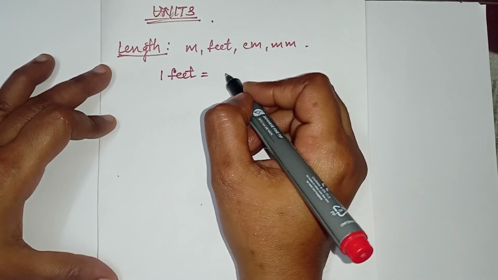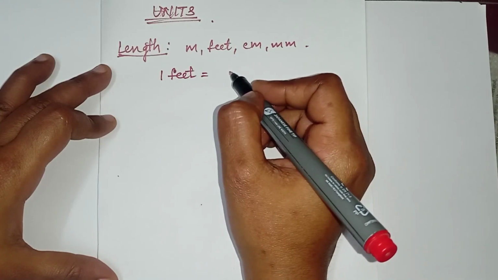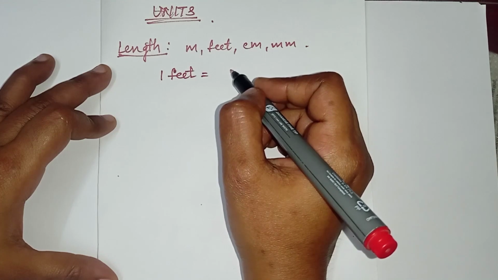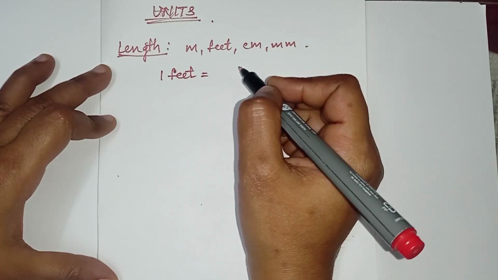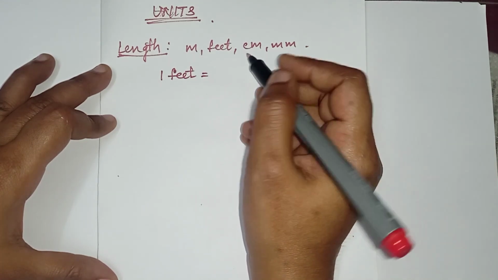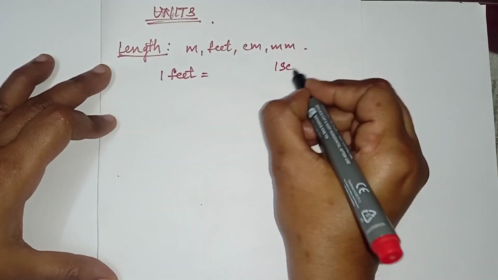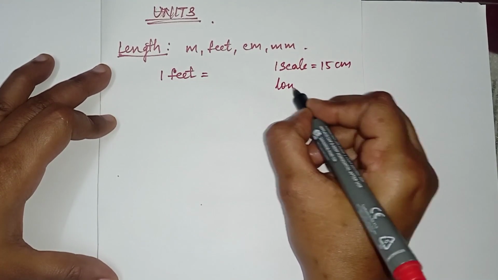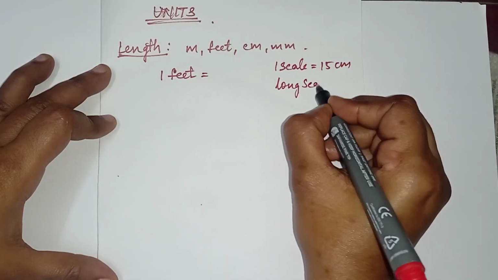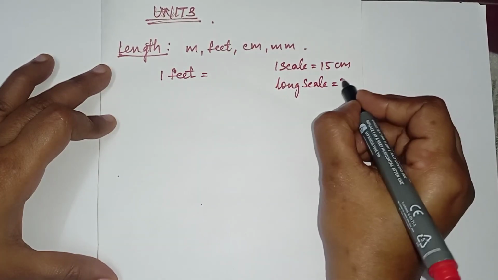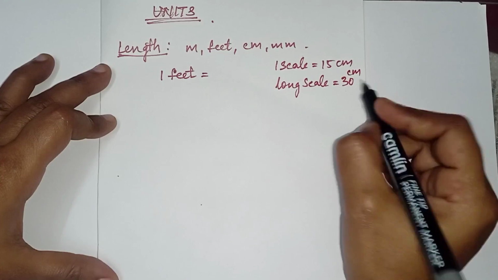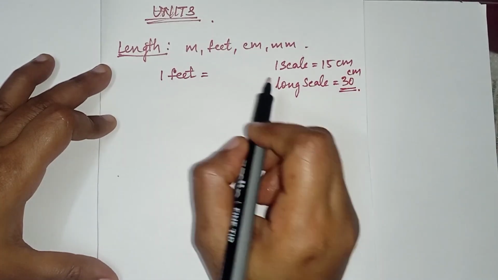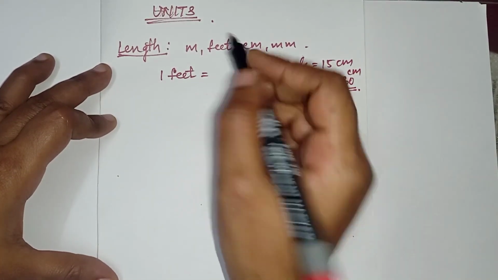You must have used scales in your school days. So there is one small scale and one long scale. Small scale is of 15 centimeters generally, and long scale is of 30 centimeter. So this 30 centimeter scale is actually the length of 1 feet.